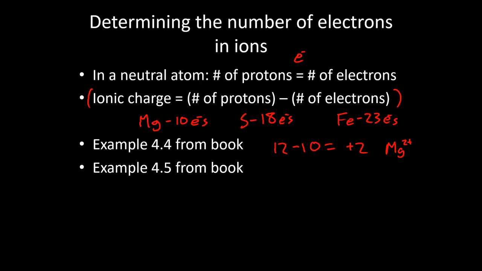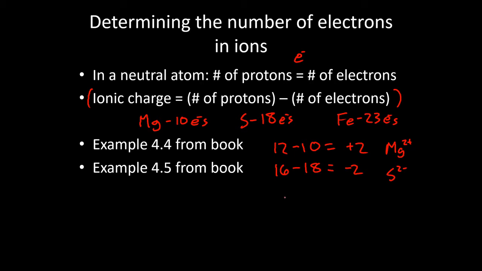For the next one there, we have sulfur. Sulfur is element 16, so it would have 16 protons, and we were told that our ion has 18 electrons, which means that we have negative 2. So that would be sulfur 2 minus. That is the charge on that ion.